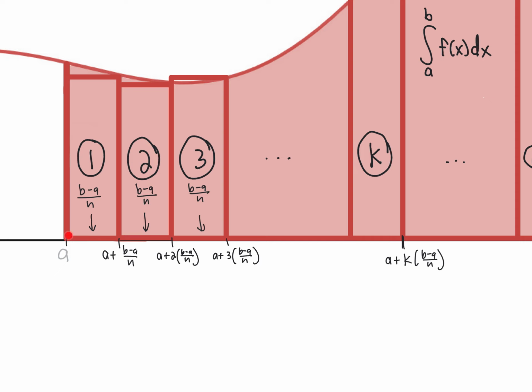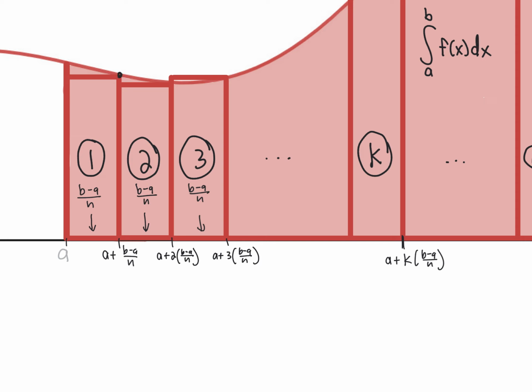This is the width of this rectangle, the width of this subinterval, and we're going to use whatever this x value is, in this case a plus b minus a over n. We're going to plug that into the function to get the height of this rectangle. So this point up here, the y value is f of, actually I'll write that.